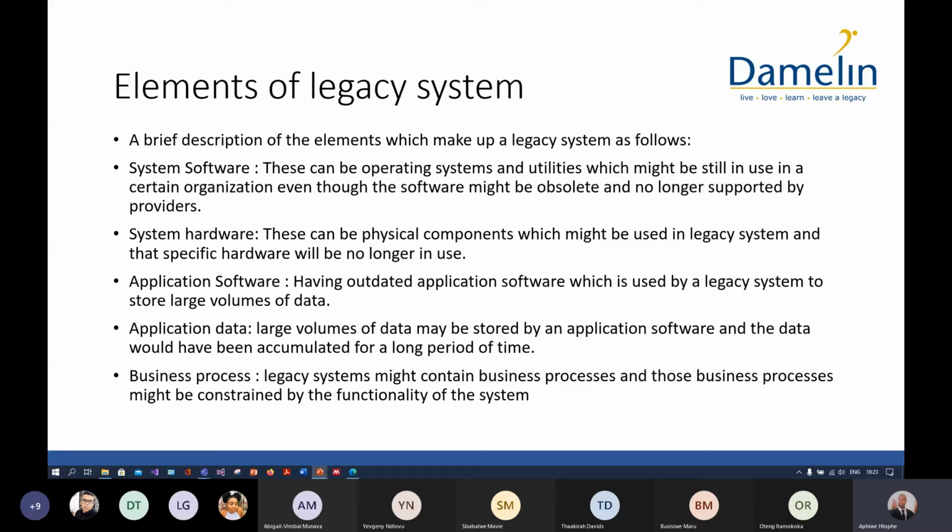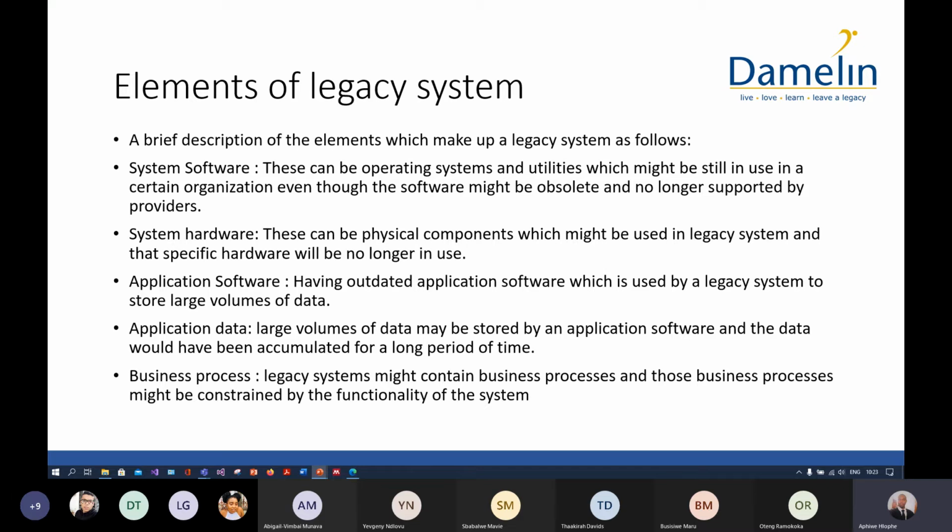So, the elements that make up a legacy system. I wouldn't say these elements are really unique to legacy systems, but even modern systems consist of these elements. The key thing you need to understand here is that when you make changes to one of these, it has a rollover effect on the other ones as well.